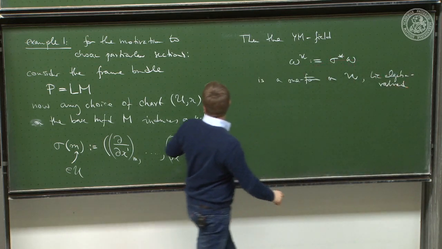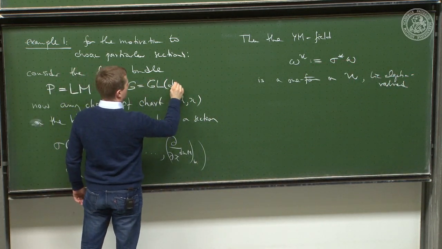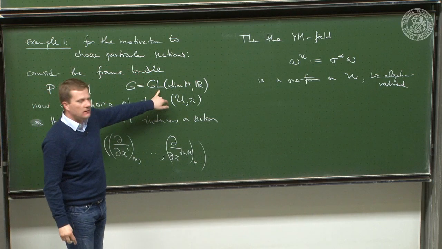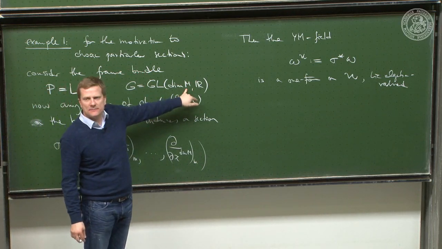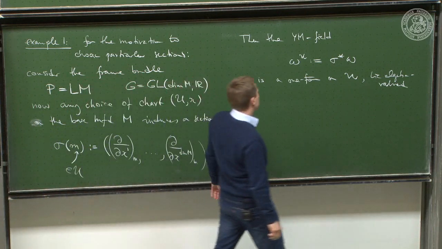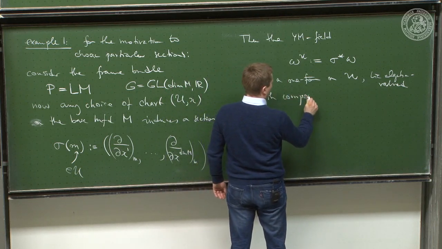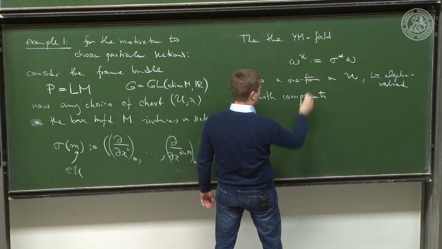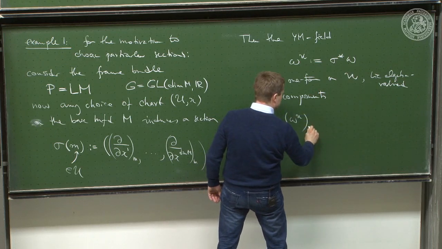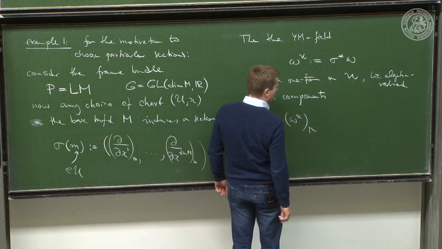But what's the Lie algebra here? Well, the group is GL(dim M, R). And what's the Lie algebra of GL? Well, it's any dim M times dim M matrix, right? And so with components, we can call the components of this guy omega u. It is a one form on U, so it has a base manifold index down.